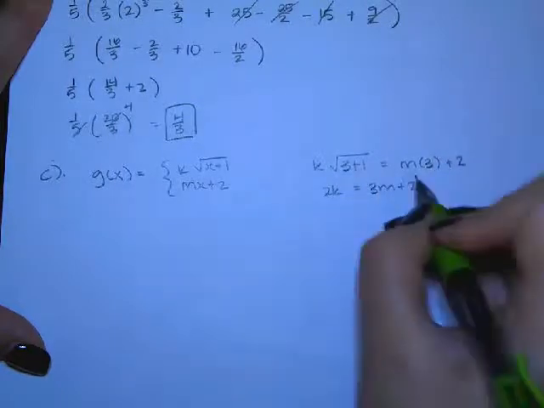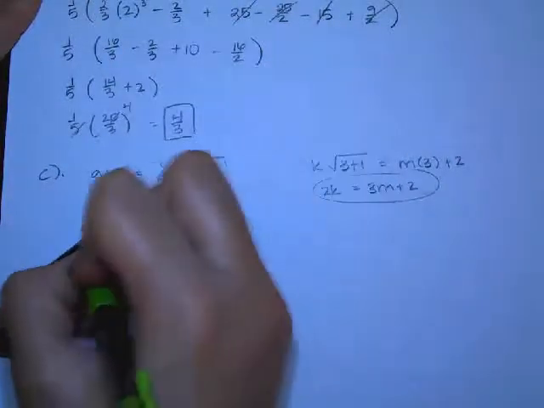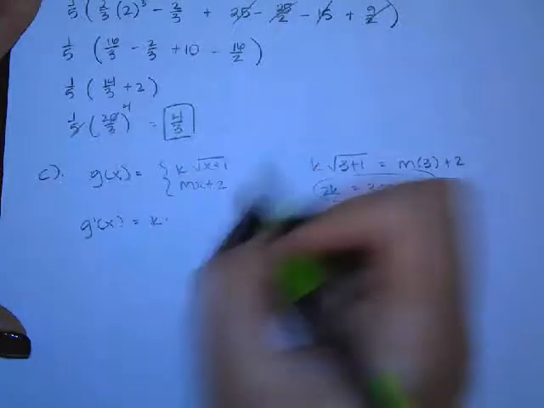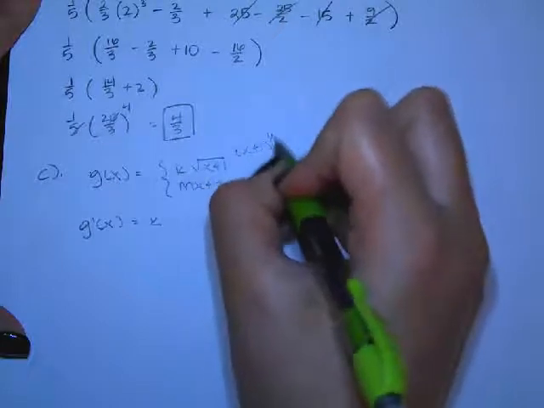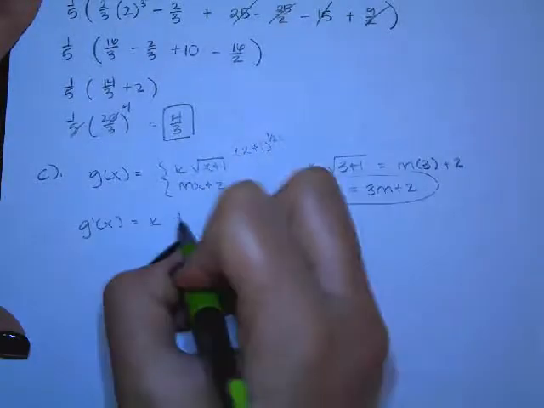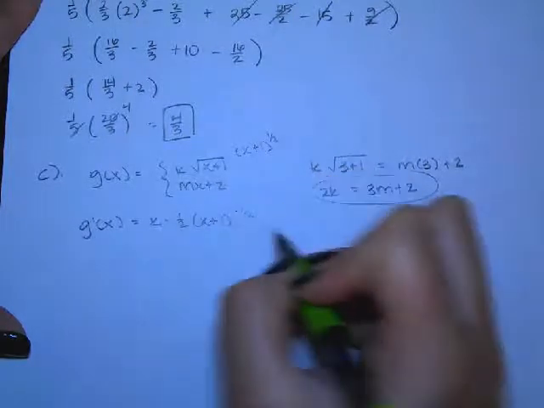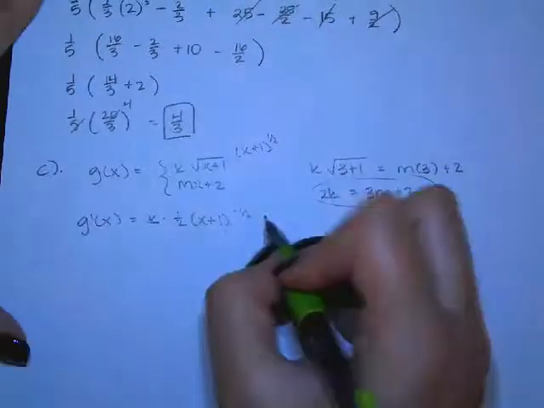I can't do anything with that yet, but it's going to be important in a second. When I find the derivative, I'm going to have k times, I'm going to think of this as x plus 1 to the 1/2. I've got 1/2 times x plus 1 to the negative 1/2 multiplied, I'm doing the chain rule, multiplied by the derivative of the inside, which is 1.